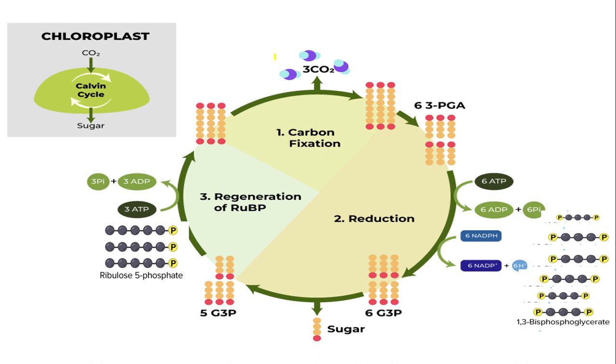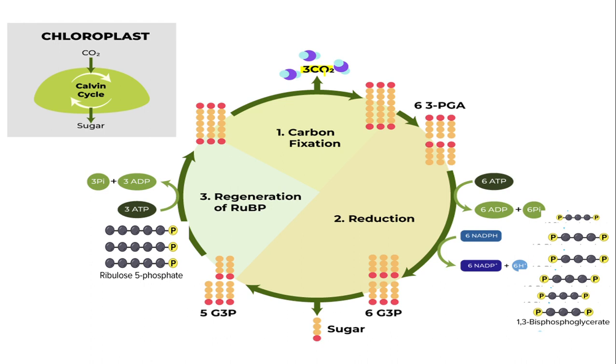So guys, first of all, here are three carbon dioxide molecules given, and we know that carbon dioxide is an important reactant of the photosynthesis process. But why are these three carbon dioxide molecules used and not one?